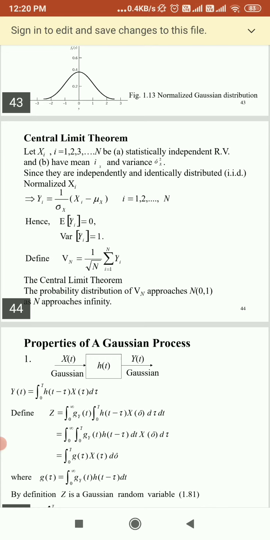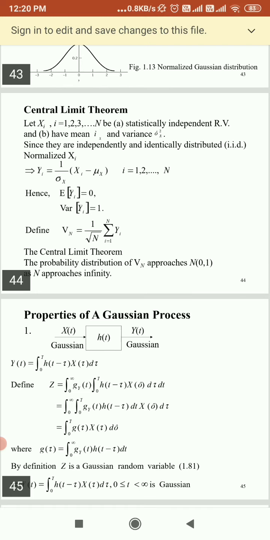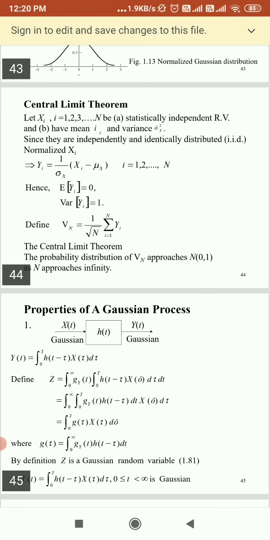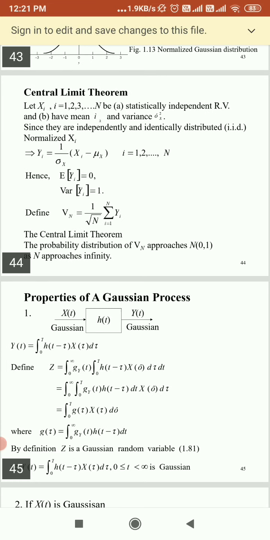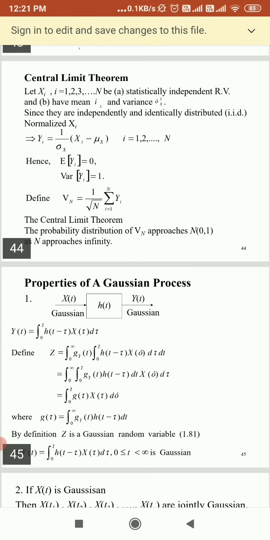Since they are independently and identically distributed, we can take the normalized Xi as Yi equal to 1 upon sigma x, (Xi minus mu x), where i equal to 1, 2 up to n. Hence we can take E of Yi equal to 0 and variance of Yi equal to 1.